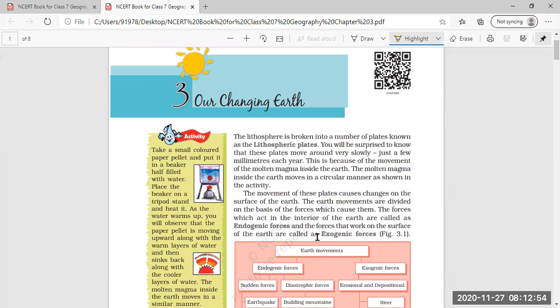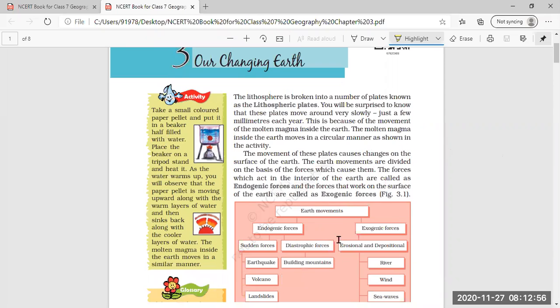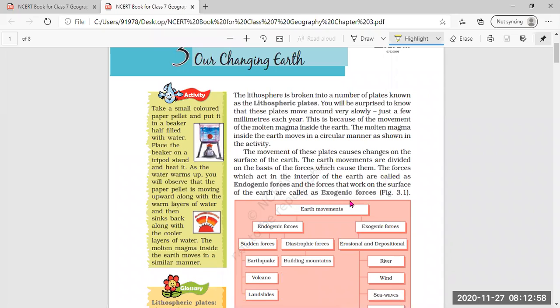This movement of the plates causes a great change in the surface of the earth. We can divide this movement on the basis of two forces which are working deep inside the earth.